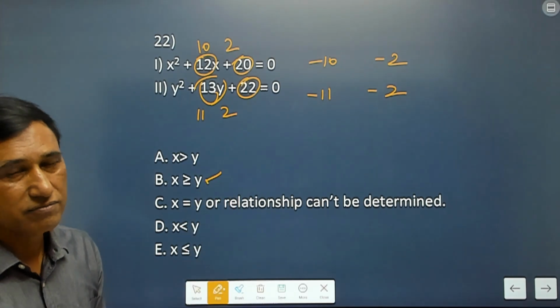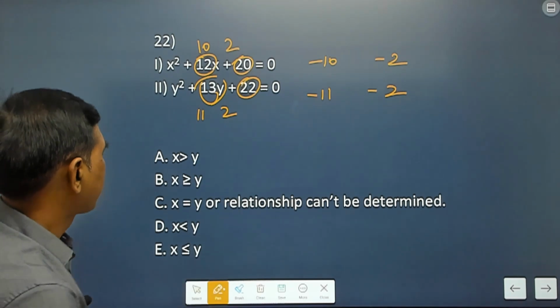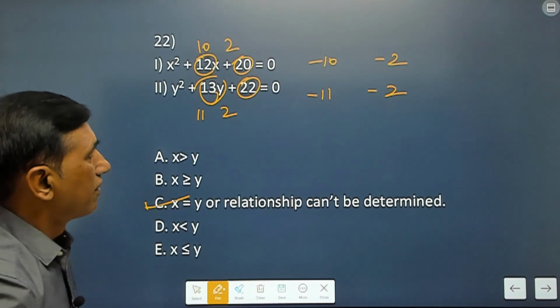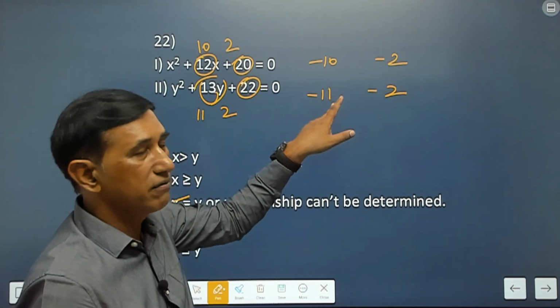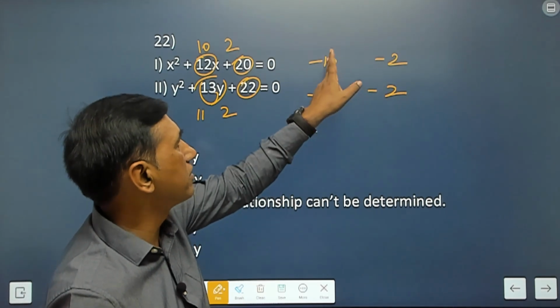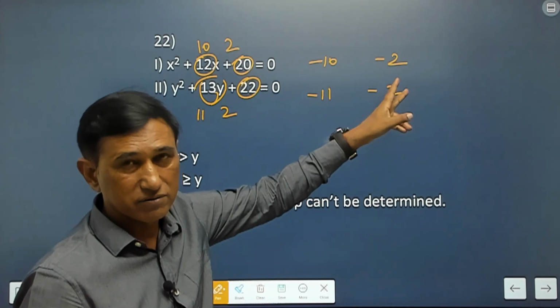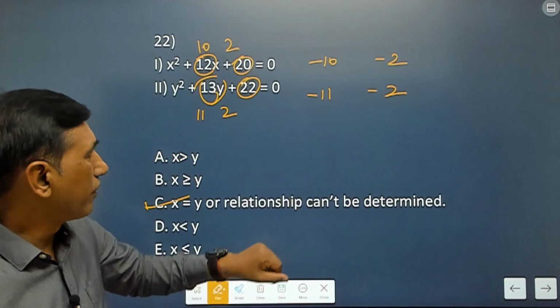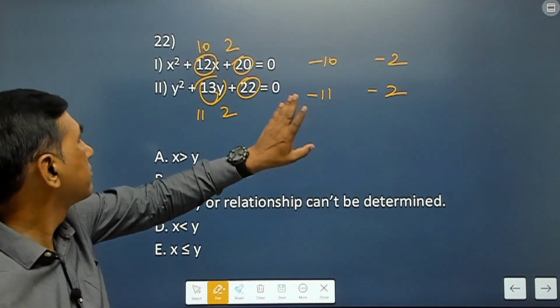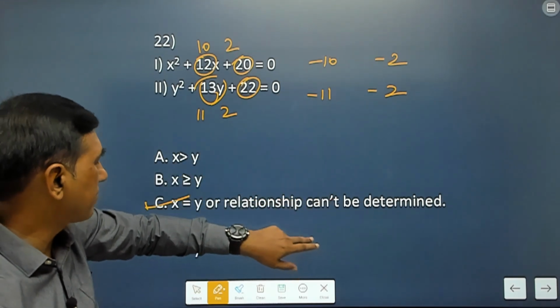Can you say that? Where it is minus 2, it is bigger than minus 11. Where it is minus 2 and it is minus 10, this one is bigger. So relationship cannot be established. Whenever you have such a thing, simply say relationship can't be established.